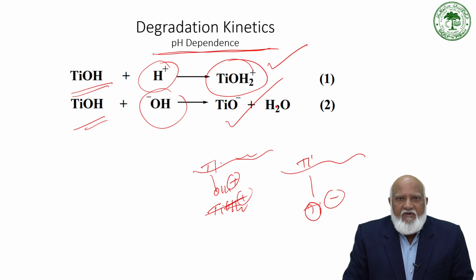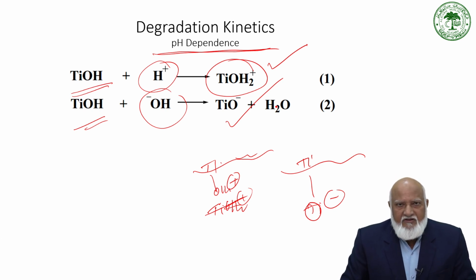So pH plays an important role in the surface reaction, and that's why the pH-dependent reaction is important to measure: at what pH the degradation is maximum, and what is the optimal pH for higher efficiency of degradation or mineralization of the different pollutants used in these cases.